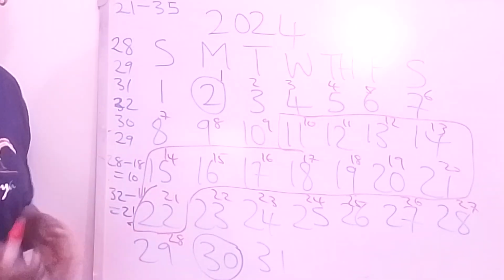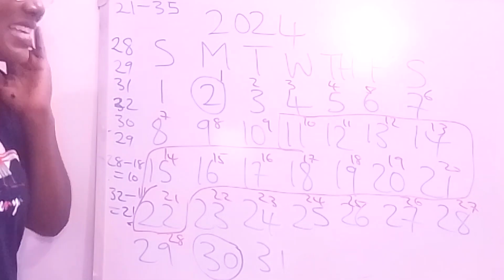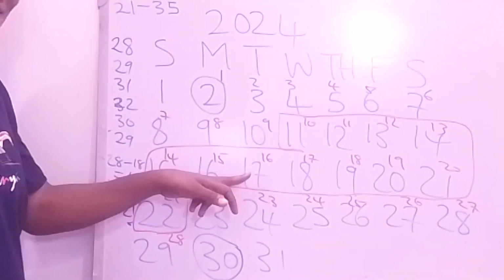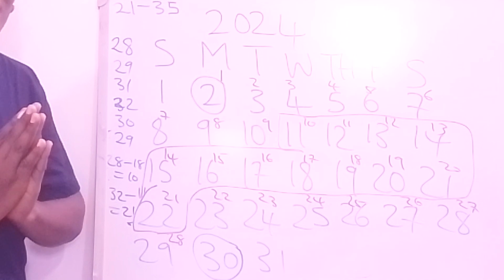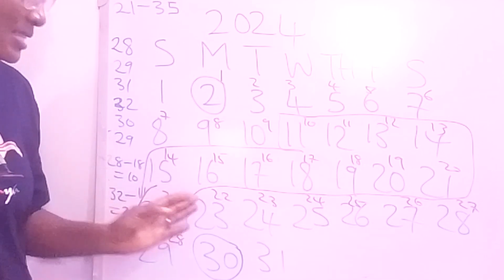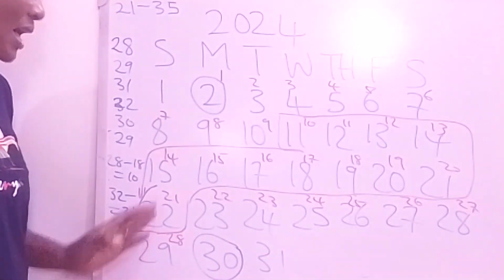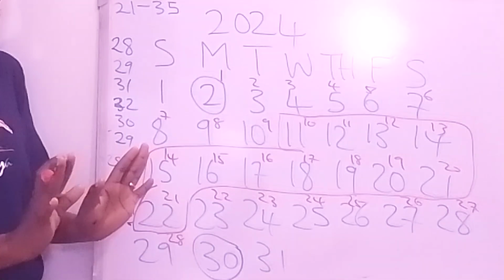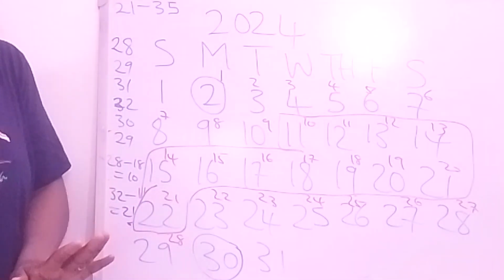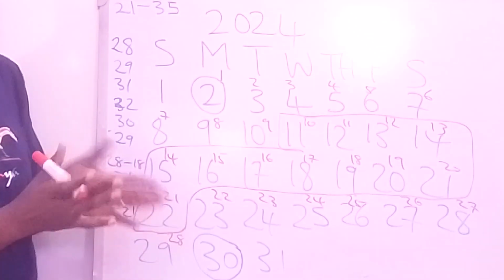She can enjoy herself and she won't get pregnant. So the days outside this box are the days that are safe for her to have unprotected sex. These are her safe days. All the days outside this box are safe for her. So this is how to know when you are safe. This is how to calculate your safe days.